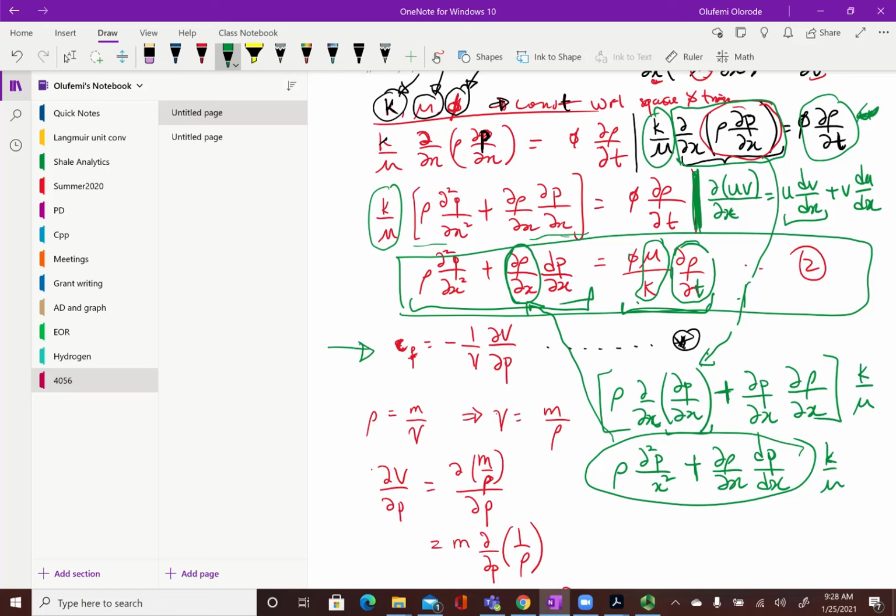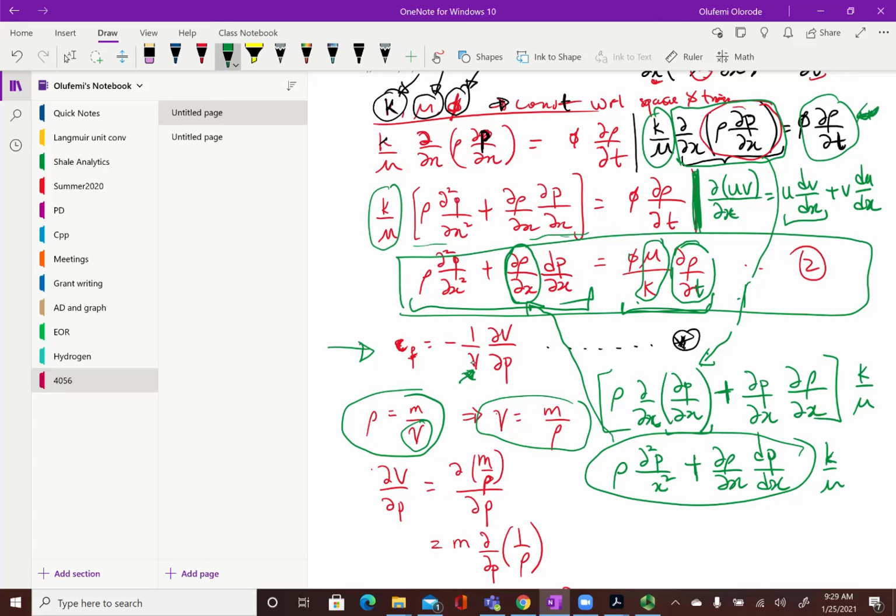That's the definition of fluid compressibility, which you should have learned in your fluid properties class. Now we want to simplify V using its relationship with mass and density: density is mass per unit volume, so volume is mass divided by density.